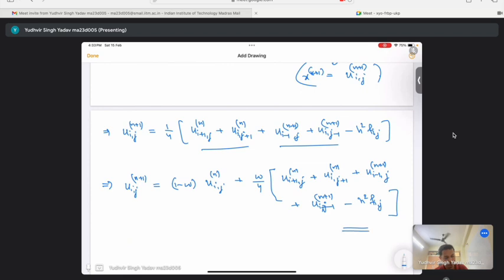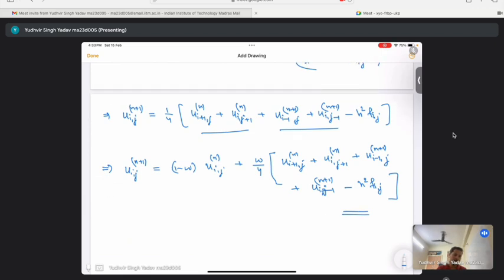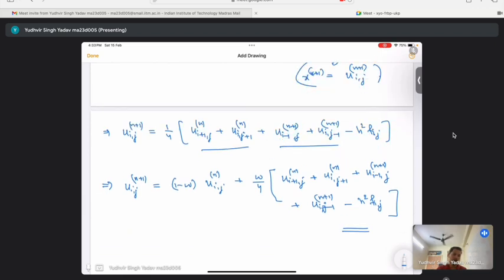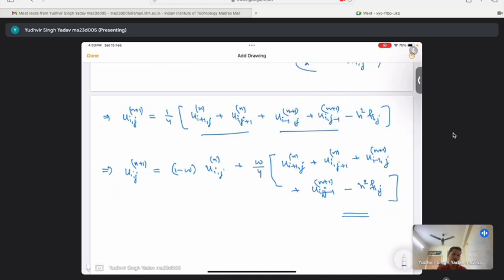So this is the required scheme, and it is one of the correct options that we have. It can be cross-checked using the given options, and it is one of the options for the above question.